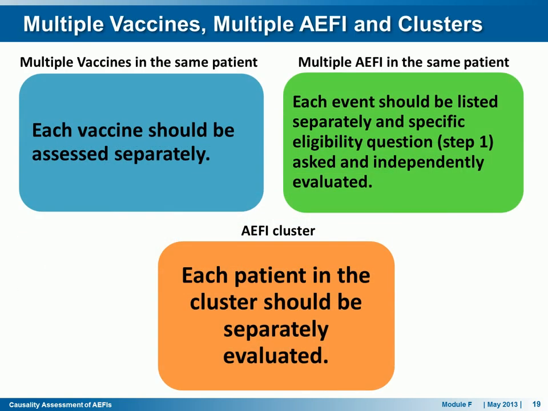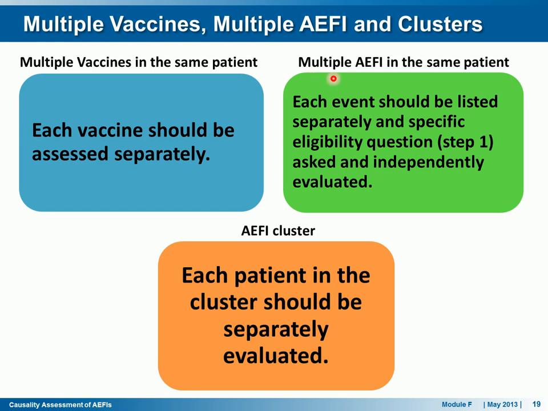Now the question comes up, what happens with multiple vaccines, multiple AEFI, and what to do for AEFI clusters? If there are multiple vaccines provided to the same patient resulting in an event or events, each vaccine should be assessed separately.